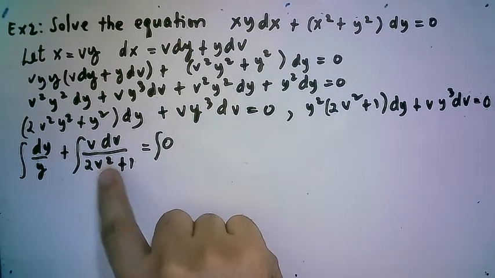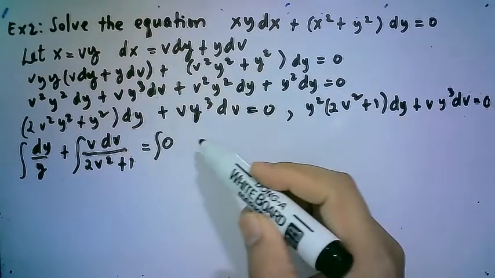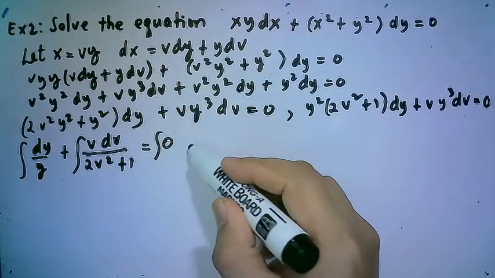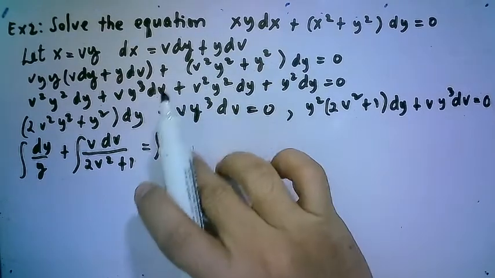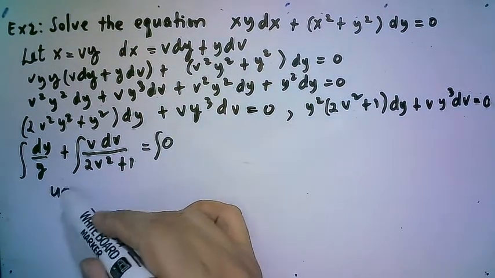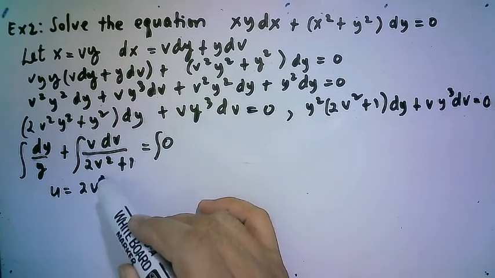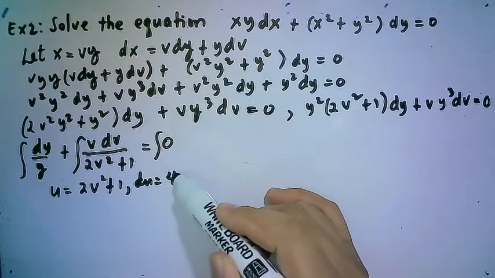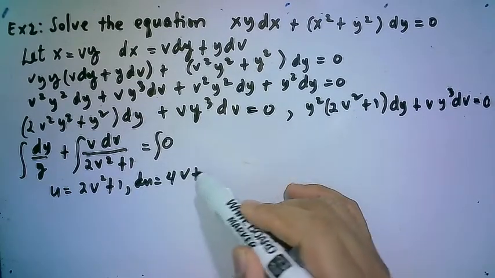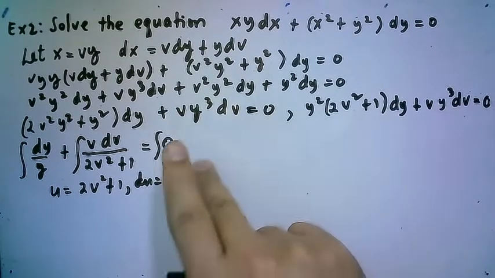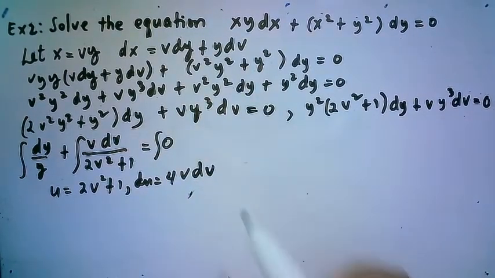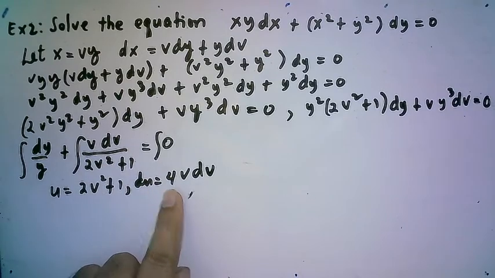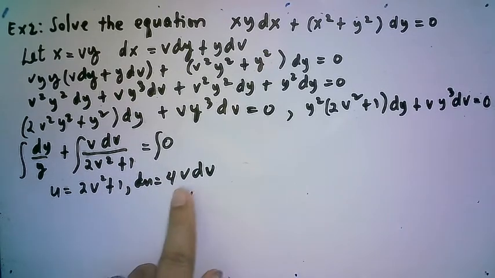Our u, for this case, equals 2v squared plus 1, so du equals 4v dv. So this is v dv, this is 4v dv, so you must have 1/4 as your multiplier.